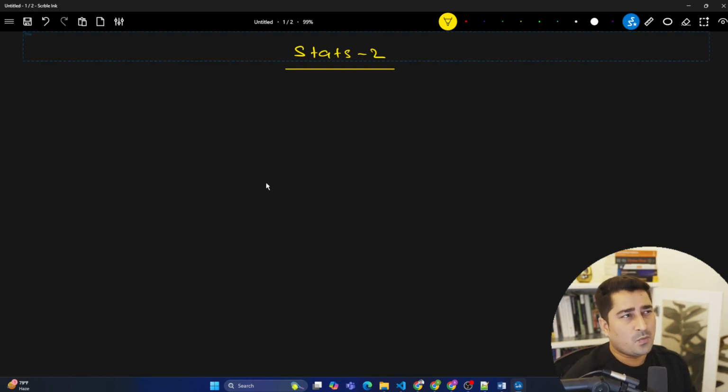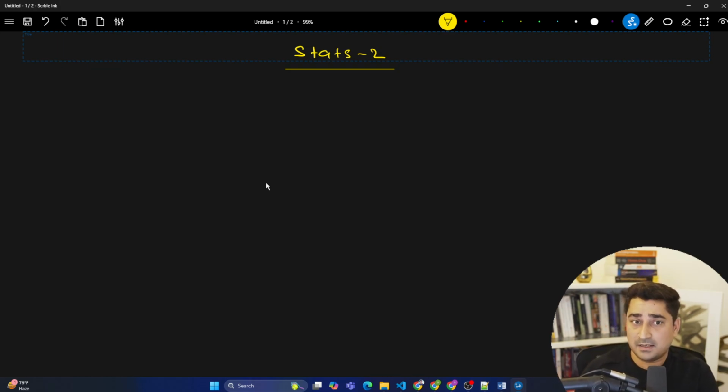Plus, we talked about what statistics is, what a population is, what a sample is, and how we get to know them. Now, in today's class, we are going to talk about skewness in a data set. Whenever you have a data set, you have to find out the skewness inside it, and based on that finding, you will have to do a treatment of the data set.